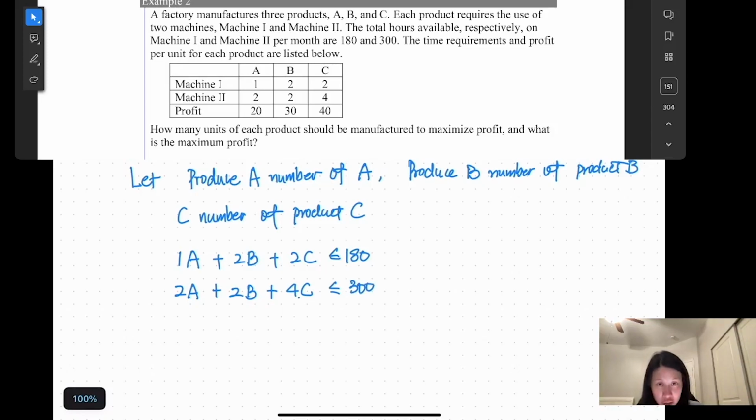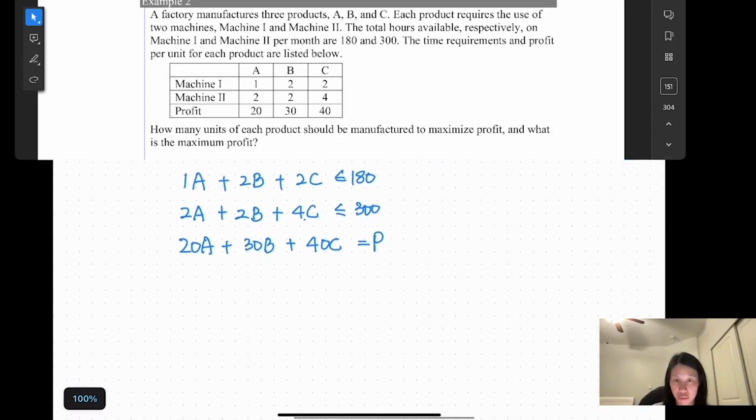And the profit should be what? The profit from the total amount of A product, the profit from the total amount of B product, and the profit from C product. This is our P. Okay, so now let's start our tableau.